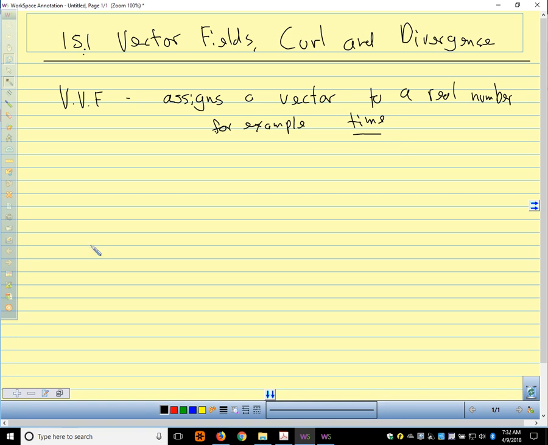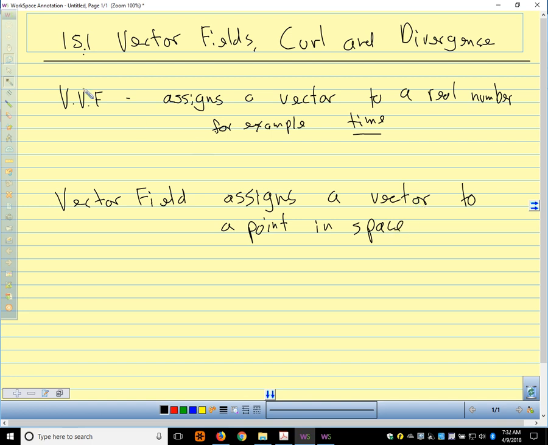For vector fields, we assign a vector to a point in space. So every point in space has a vector assigned to it.